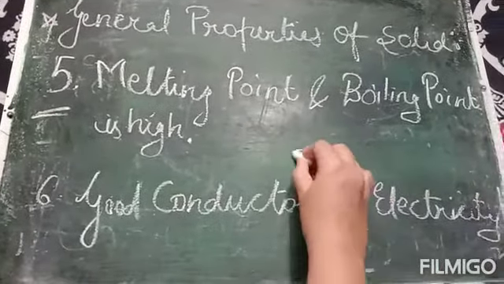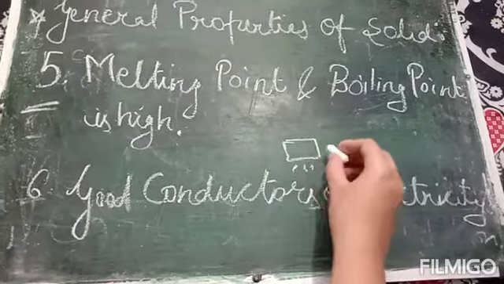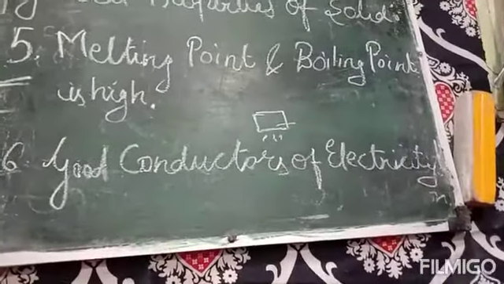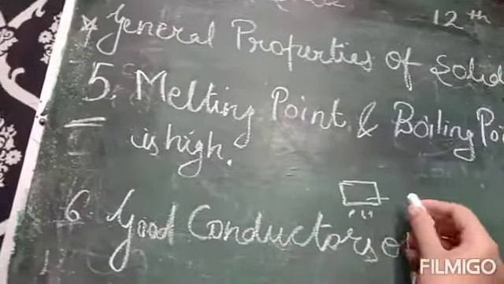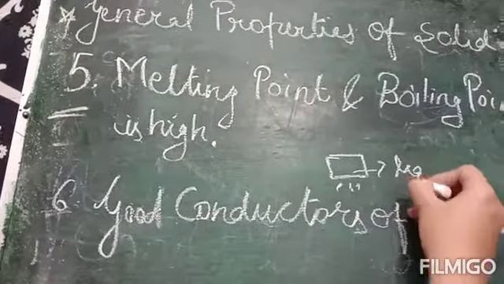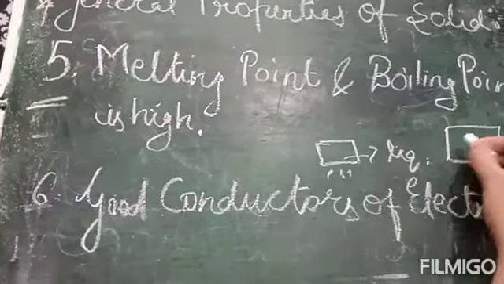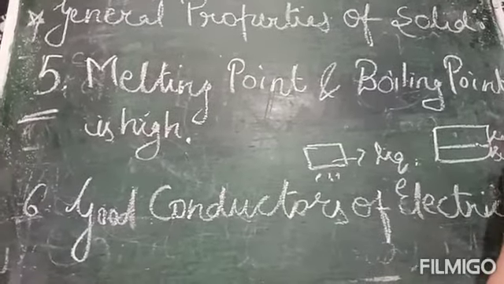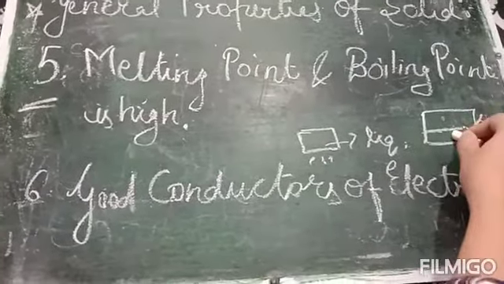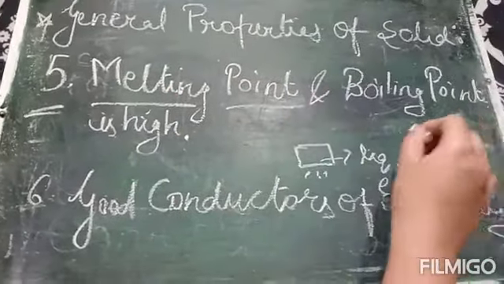Like this solid, when we heat it up, the solid is converted first into liquid. So in equilibrium, the solid and liquid in equilibrium state, that temperature is called melting point of that solid.